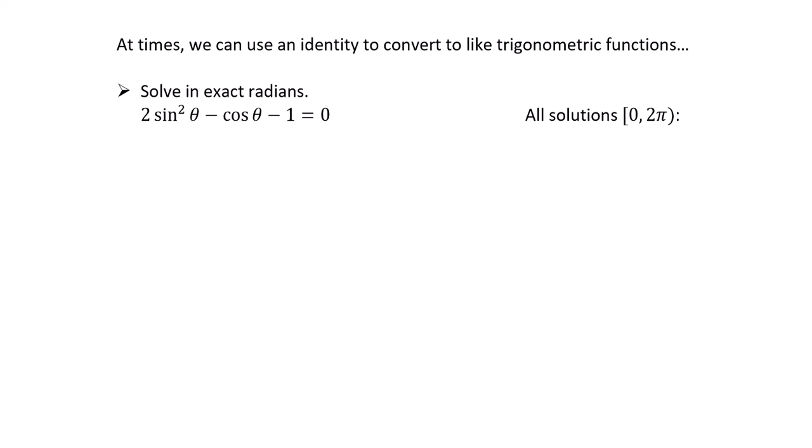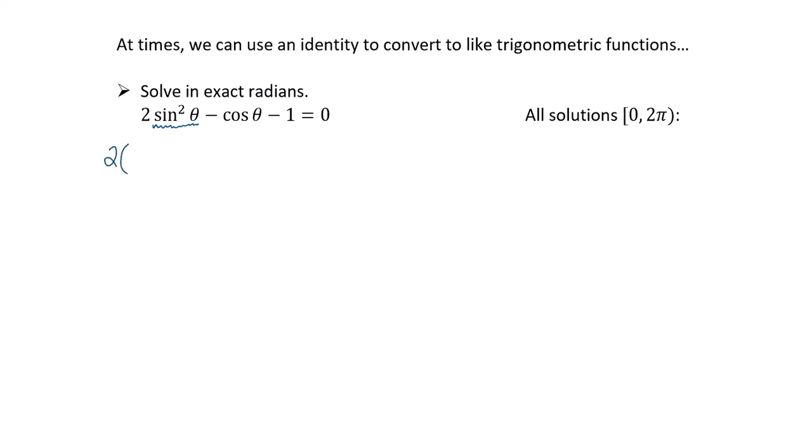At times, we can use an identity to convert to like trigonometric functions. Solve in exact radians. 2 sine squared theta minus cosine theta minus 1 equals 0. I'm going to use the Pythagorean identity to change sine squared theta into terms of cosine.